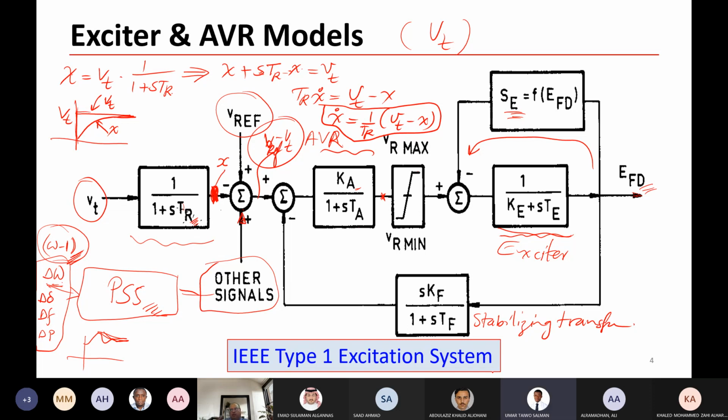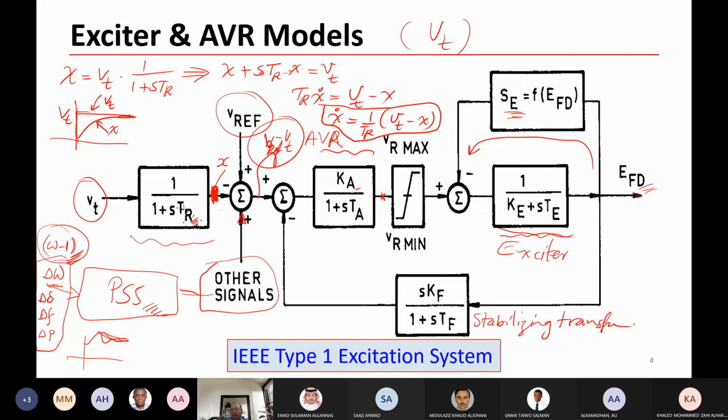DC source, yes. Could be what? It could be a battery. Battery? Or it could be some form of DC generator. DC generator, yes, you are right. A small DC generator that provides the field winding with the DC.